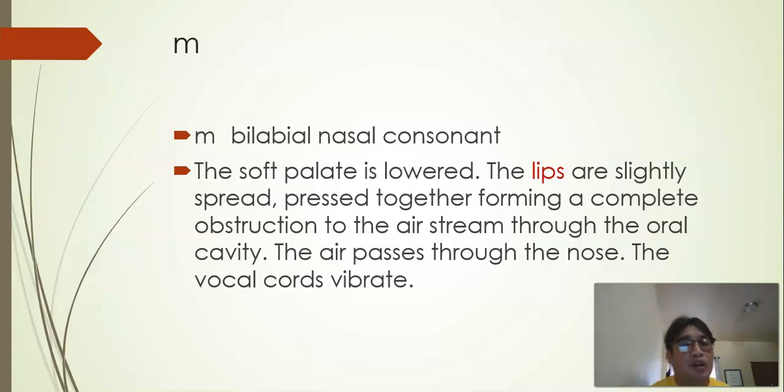You're able to sort of feel it, and if you're not, then just give it a little more try and focus. The soft palate is lowered, the lips are slightly spread and pressed together, forming a complete obstruction of air. So there's complete blocking of air from leaving through your mouth, and instead it has to go through your nose. It allows your vocal cords to vibrate, causing the sound.